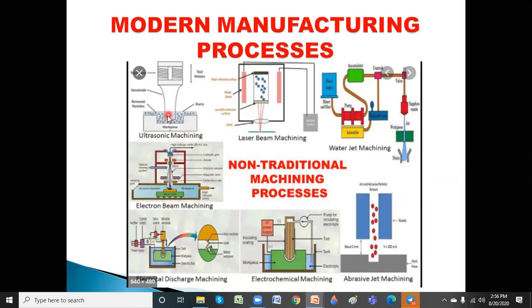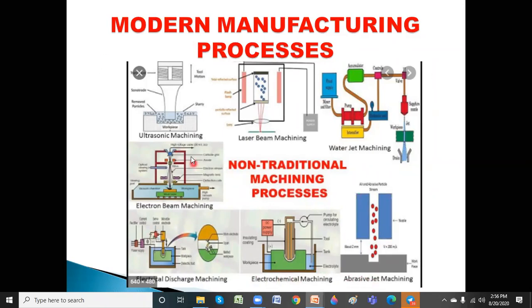In brief, I'll tell you what exactly will happen, and we'll discuss in detail ultrasonic machining, electron beam machining. Machining is common in all of these, and there is some add-on here: ultrasonic, electron beam, electrical discharge, laser beam, water jet, electrochemical, abrasive jet.